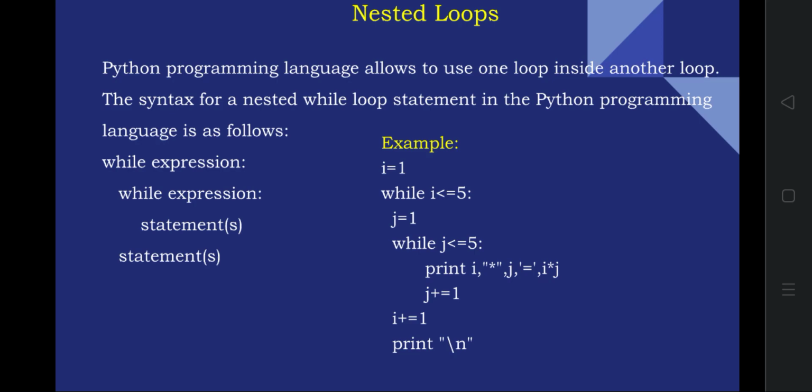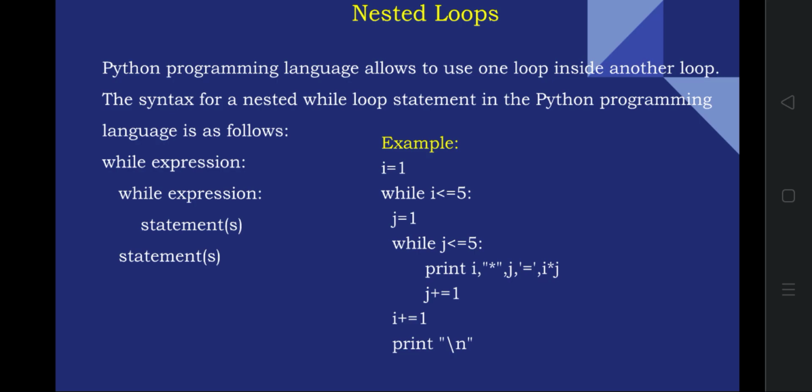This example finds the product of the numbers. The j is incremented in the inner loop and i is incremented in the outer loop. Whenever we want to use statements one within the other, we use the nested loop.